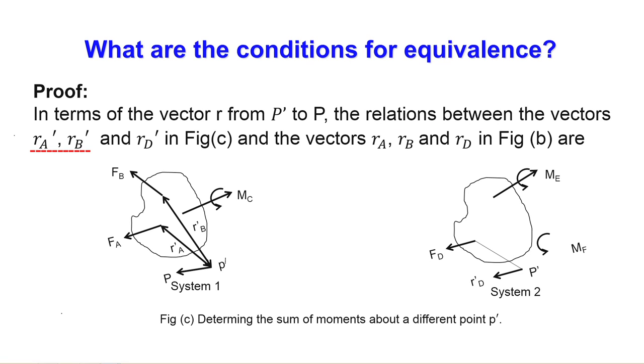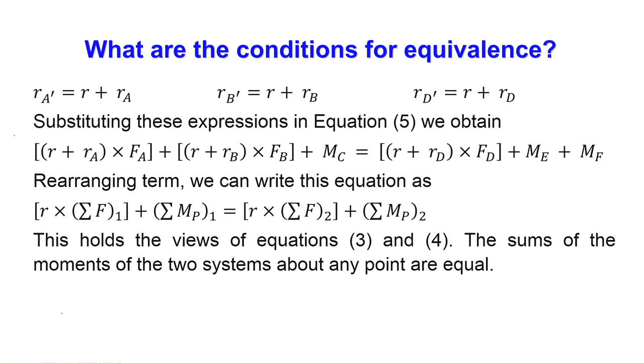The position vector from P dashed to P is the vector R. So, Ra dashed and Ra, Rb dashed and Rb, Rd dashed and Rd can be related by the following expressions: Ra dashed equals R plus Ra, Rb dashed equals R plus Rb, Rd dashed equals R plus Rd.